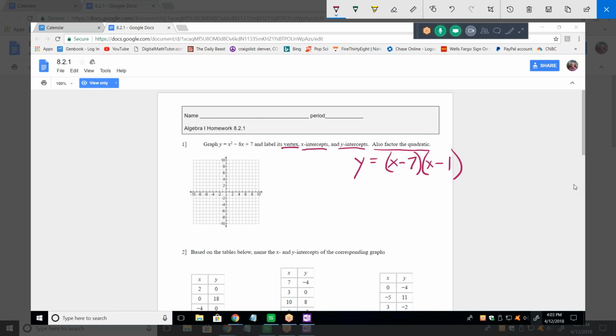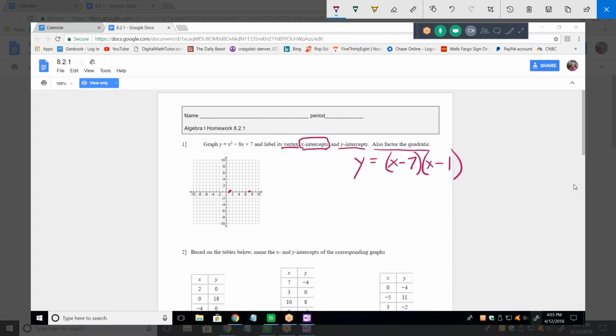First of all, what are my x-intercepts? I can answer this one right now based on factoring. Your x-intercepts are 7 and 1. Good. So I know that parabola goes through there.